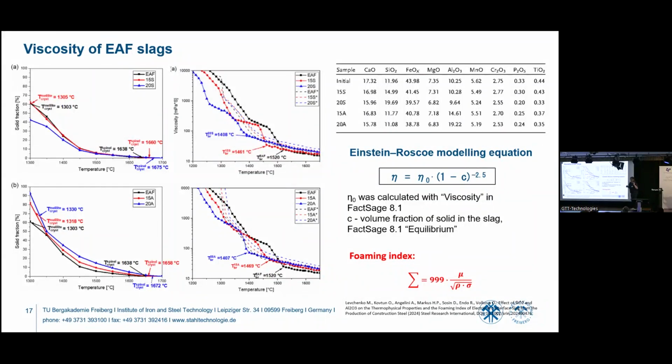After that, we calculate the solid fraction by cooling. And we calculated with FactSage the viscosity of liquid slag and the solid fraction in the Einstein-Roscoe model. And now we have very good agreement between calculated and measured.